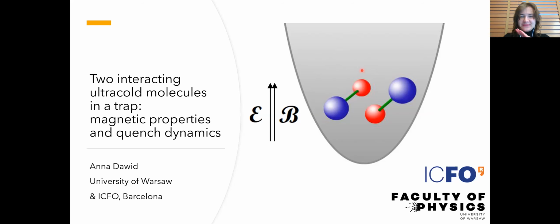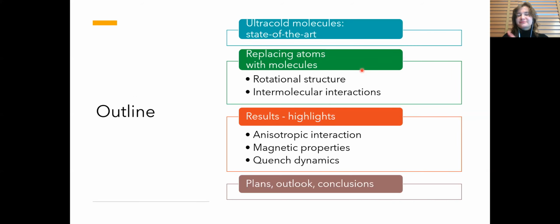But I definitely want to lead you through this work smoothly, so I will start slowly, of course. I will begin with a description of the promises that molecules bring into the field of ultracold physics, and also the experimental work that was already done with ultracold molecules.